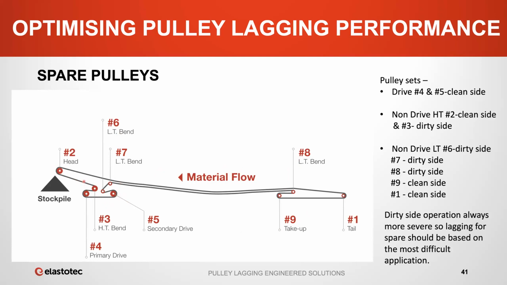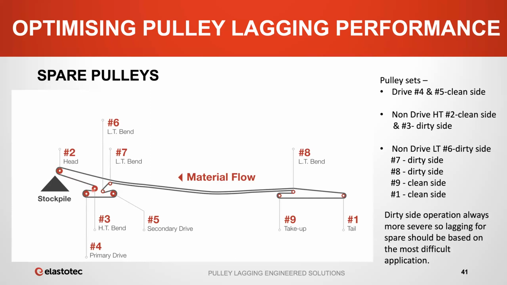For the high tension non-drives, which is the head and the high tension bend, the head pulley is contacting the clean side of the belt. So good quality rubber lagging would work well there.